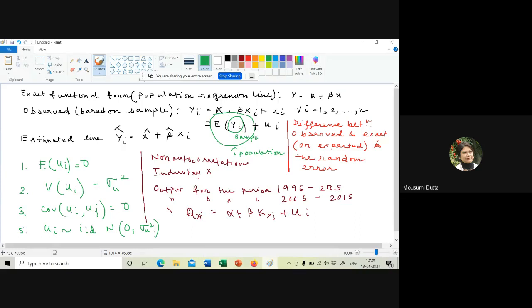In other words, the estimation part does not need the distributional aspect of the error term.